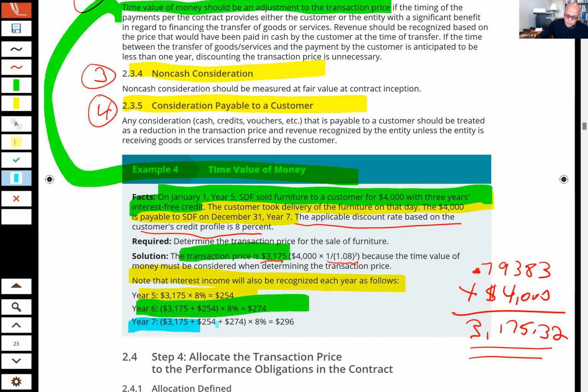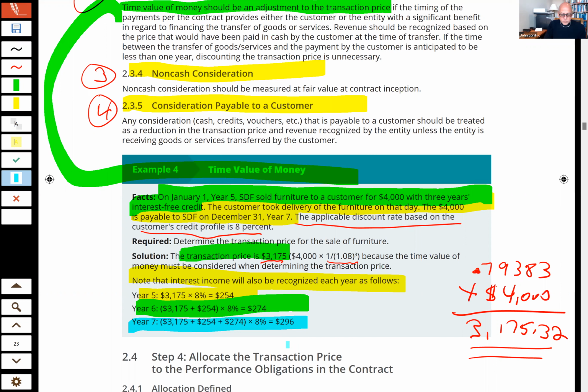And then you do the same thing for year 7. All of those would be recognized as interest revenue each year, debiting either interest receivable or accounts receivable, so that it will total $4,000 by the time you expect to receive the $4,000 from the customer.